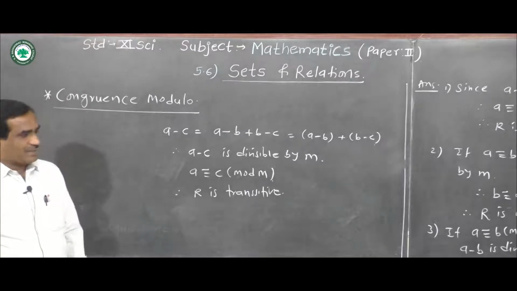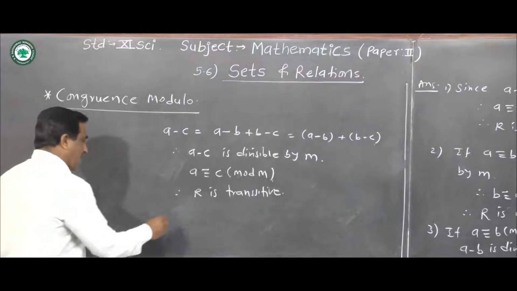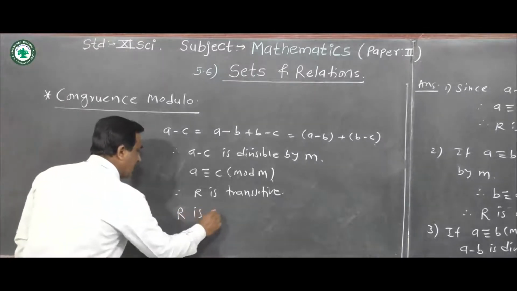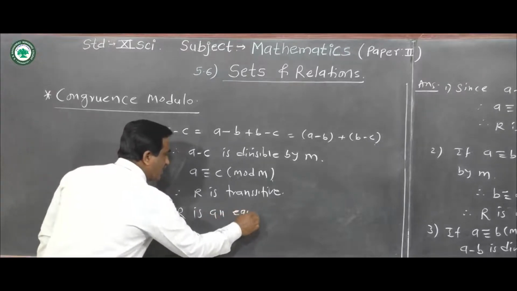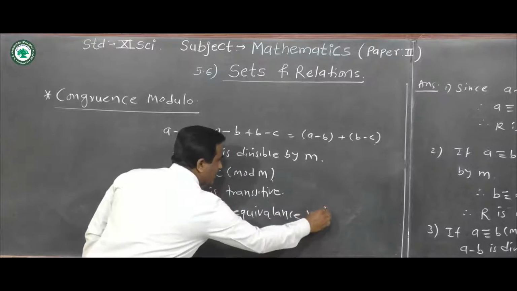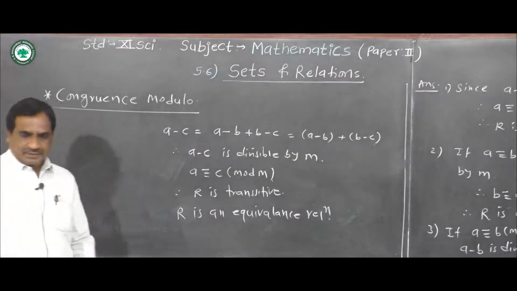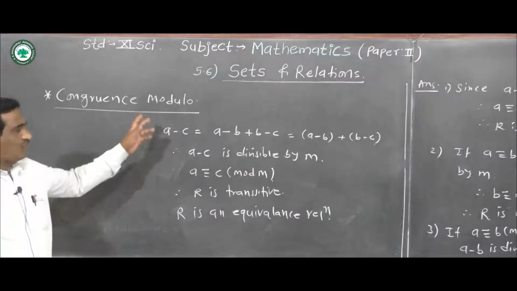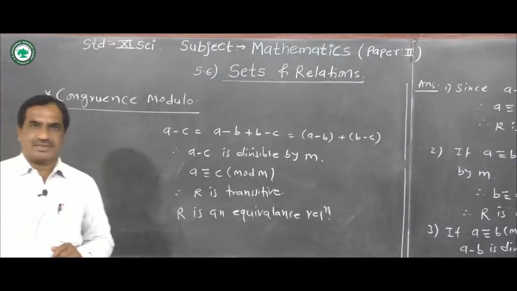Now from the first, second and third, we can say that R is an equivalence relation. That is, congruence modulo is an equivalence relation.